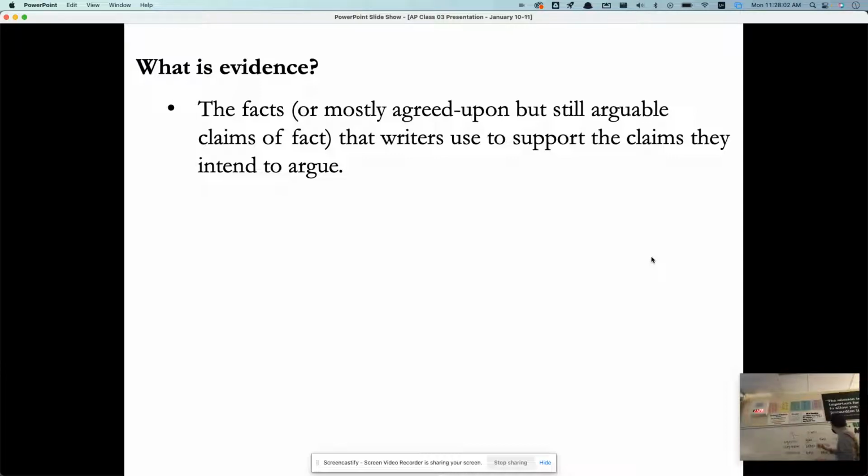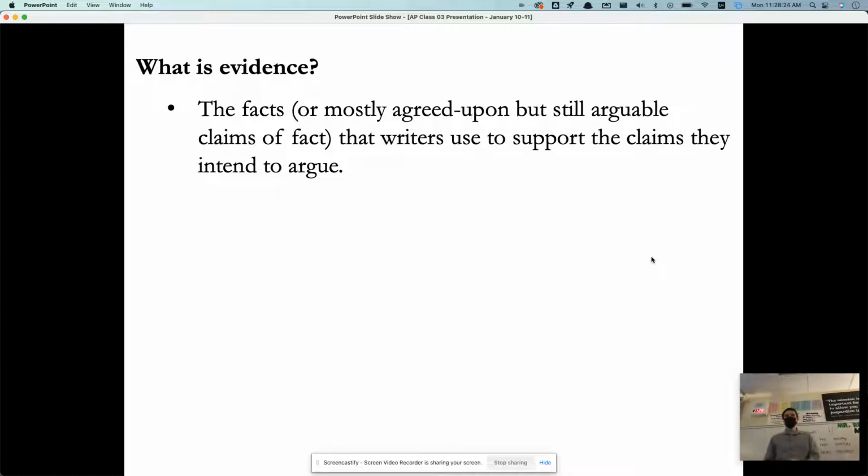And I talked a little bit about how there's this little space between claims of fact and facts, where there are some things that some people would call facts and other people would call claims of fact that are up for debate. And there is some gray area there that we are wrestling with all the time as smart people.